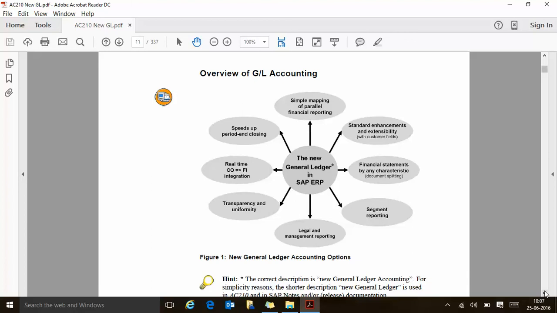FI and CO reporting are very well organized because of profit center accounting, EC-PCA, enterprise controlling profit center accounting. It is well organized, easily adaptable and very flexible in the focused reporting. Transparency and uniformity. So there is a transparency now. For example, in profit center reporting you have clarity.